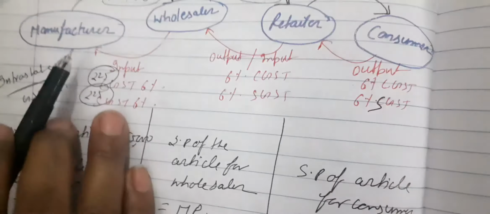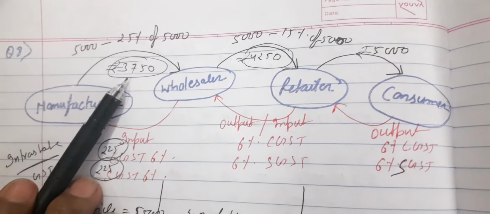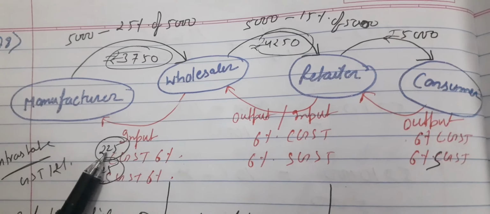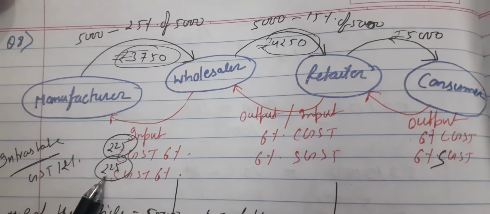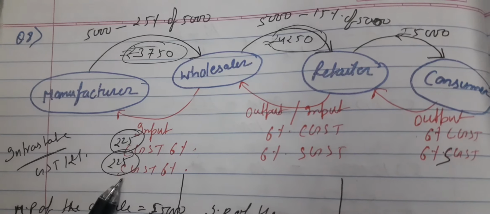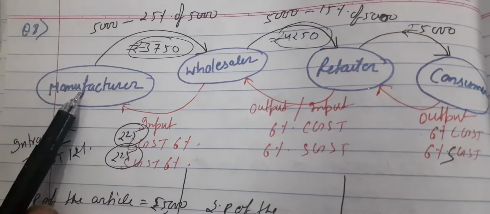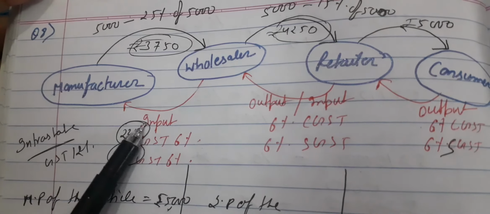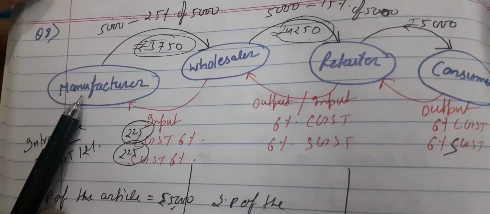Okay, now please see the diagram. It means wholesaler will pay this amount for the article, 225 rupees to central government as CGST, and 225 rupees as SGST for state government, and it will be given to manufacturer, not directly to the government. Manufacturer will pay this total tax to central government.